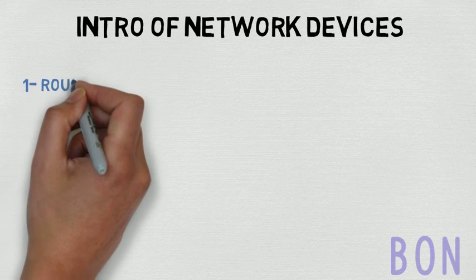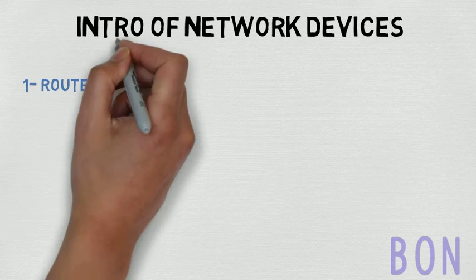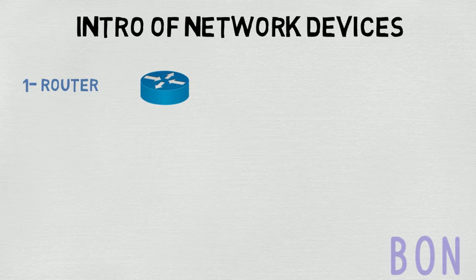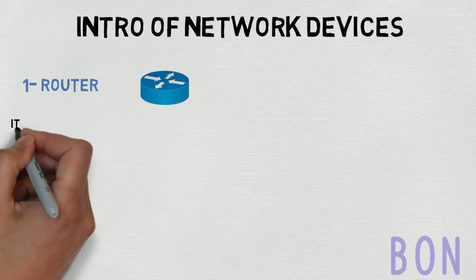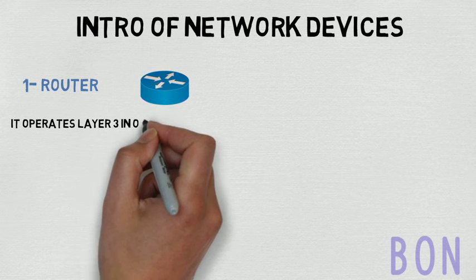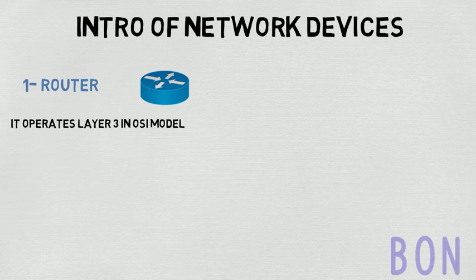Now I will show you the introduction of network devices. I will only show you a simple introduction. The first device we will talk about is the router. A router is mostly used in your home, and in other homes and other places as well. It operates at layer 3 in the OSI model.